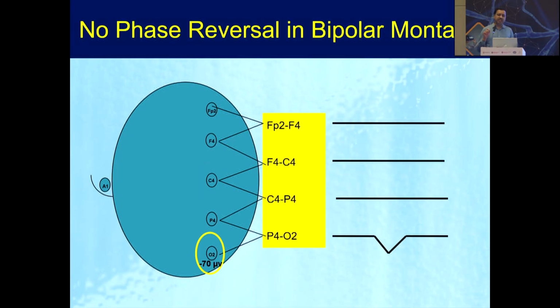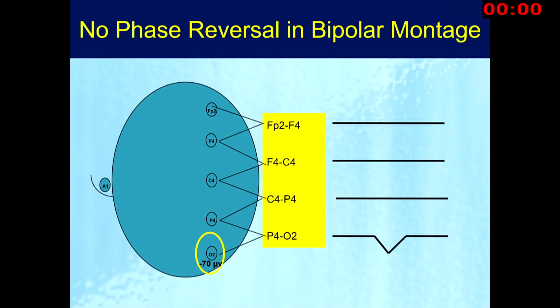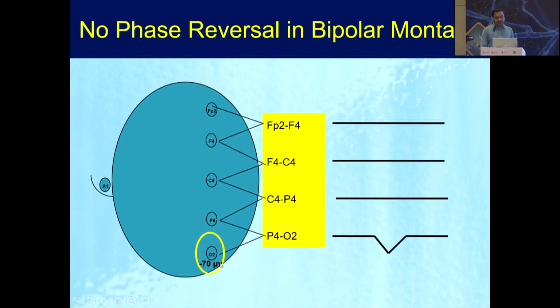In certain situations, there may not be a phase reversal in bipolar montage. It happens only when your electrode is, let's say, there is a potential of minus 70 in O2. P4-O2 will show a downward deflection because O2 is negative, but you don't have any electrode beyond that, so you cannot demonstrate a phase reversal here. So in a situation where the electrode is either at the beginning or at the end of the chain, that is the end-of-chain phenomenon, we sometimes will not be able to see a phase reversal in bipolar montage.